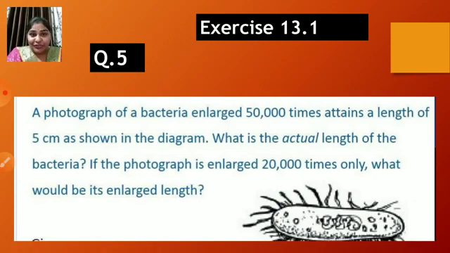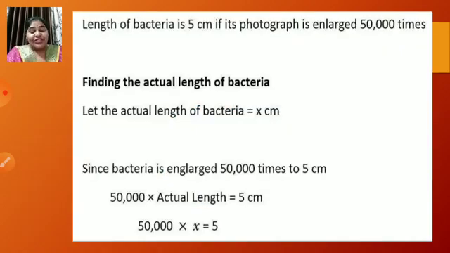So there is a photograph of a bacteria, children, which is enlarged. When it is enlarged 50,000 times, its length is 5 centimeter, and it has asked that when it is enlarged 20,000 times, what will be its enlarged length? And it also asks us the actual length.